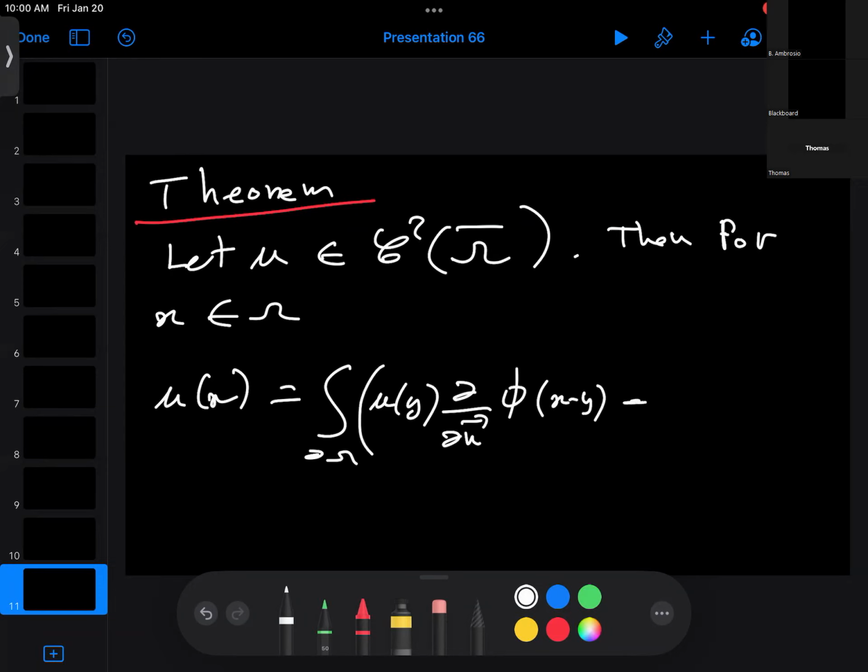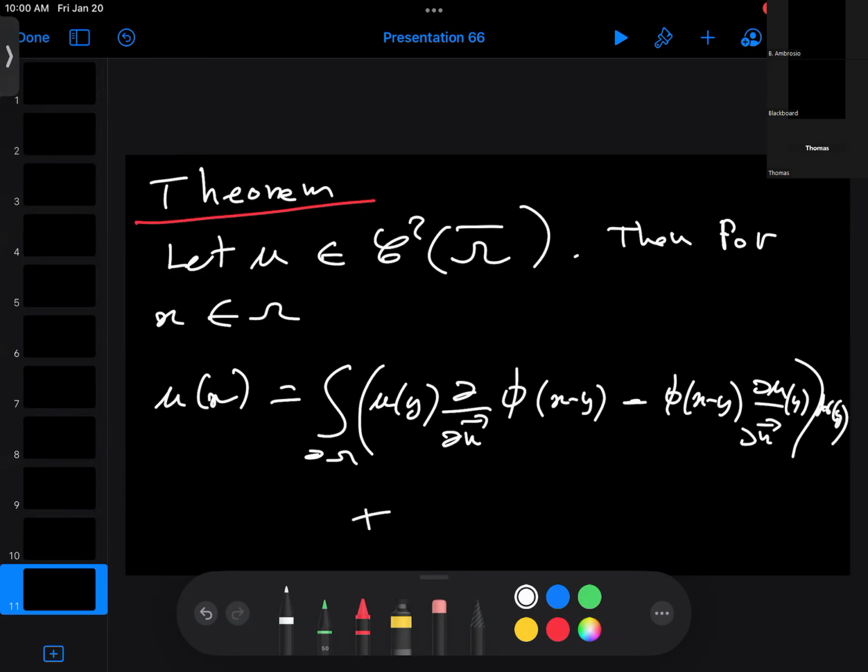Minus phi of x minus y times du/dn at the point y, and here dσ(y), it's on the boundary.